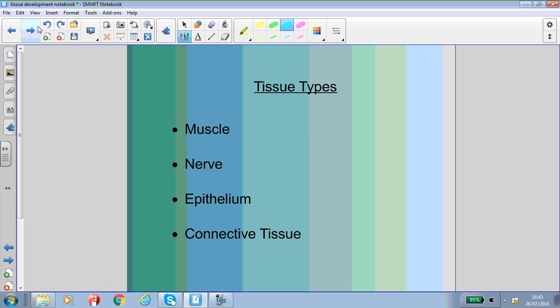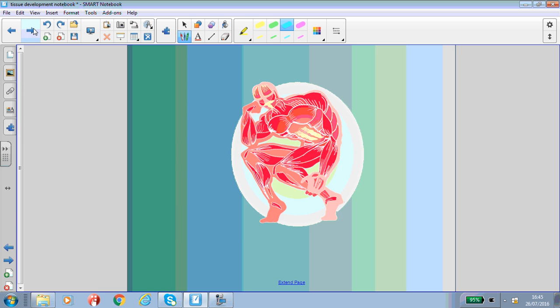All humans are made up of 4 types of tissue. Those are muscle, nervous tissue, epithelium, and connective tissue. So muscle, I'm not even really going to mention now.